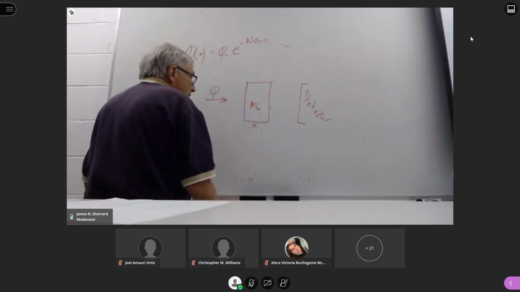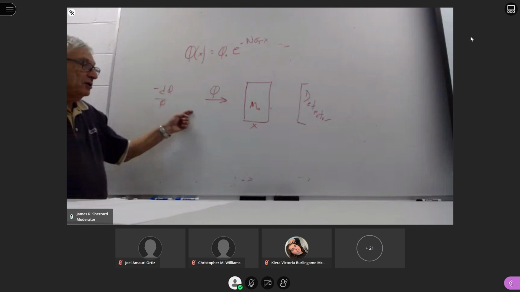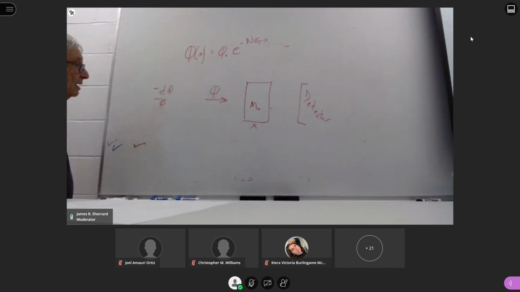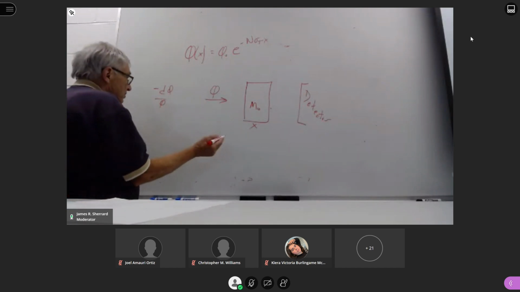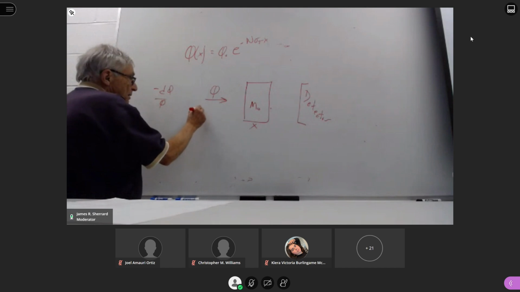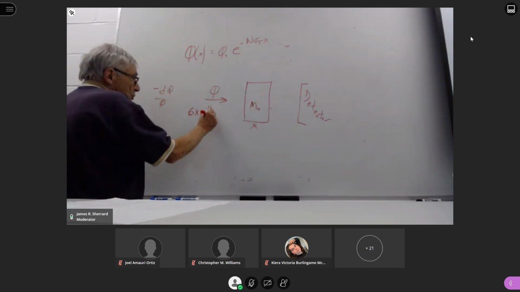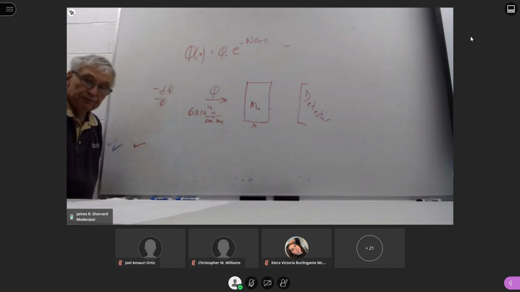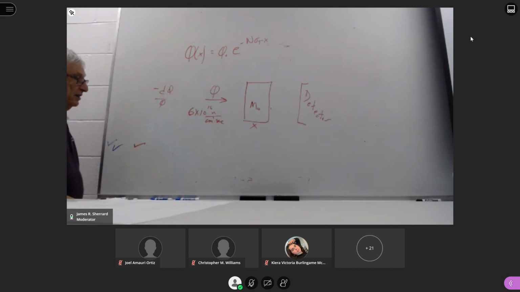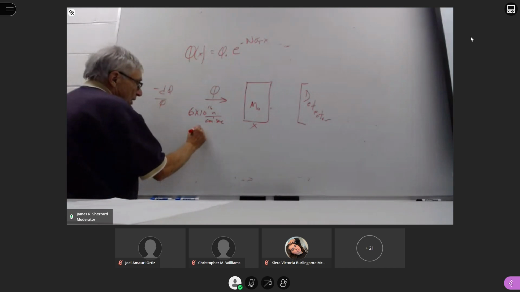We have a flux that's going to go through it. Let's make this flux 6 times 10 to the 16th neutrons per square centimeter per second. We'll say that this flux is a thermal flux.